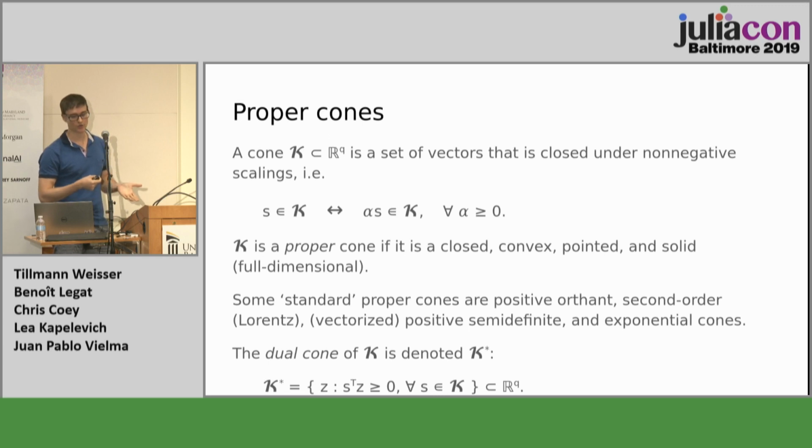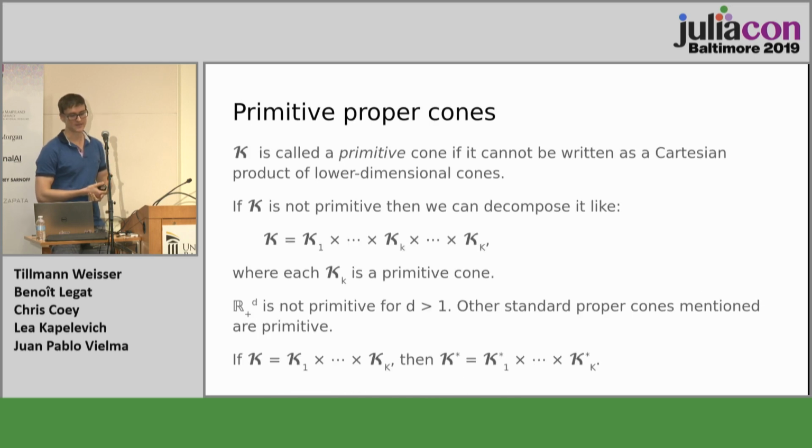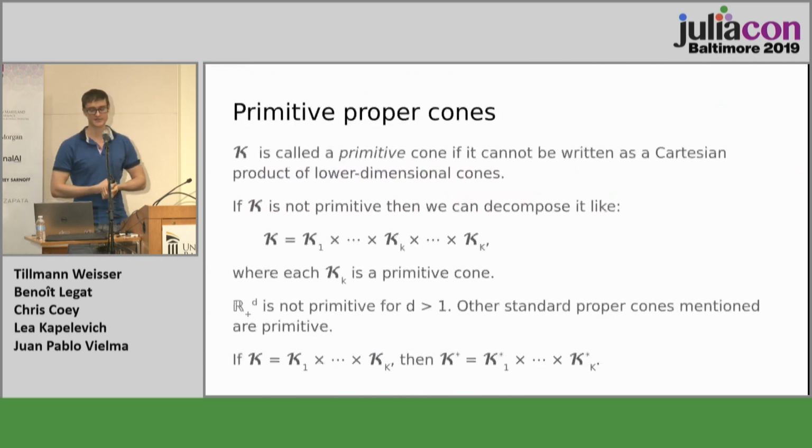Now, the dual cone of a proper cone is also a proper cone, and we call it K star. It's the set of all vectors that have non-negative inner product with all vectors in the cone K. All right. Primitive proper cones are cones that cannot be written as a Cartesian product of lower dimensional cones. So if K is not primitive, then we can decompose it as a Cartesian product.